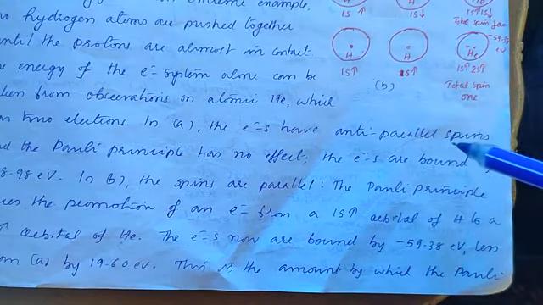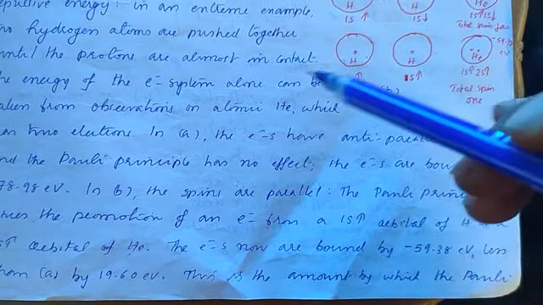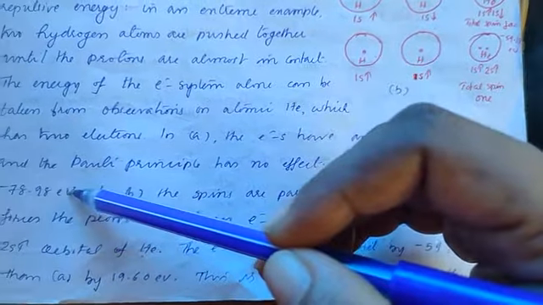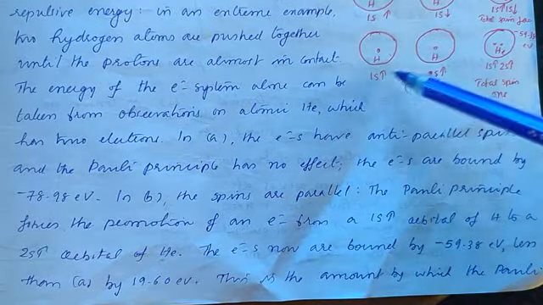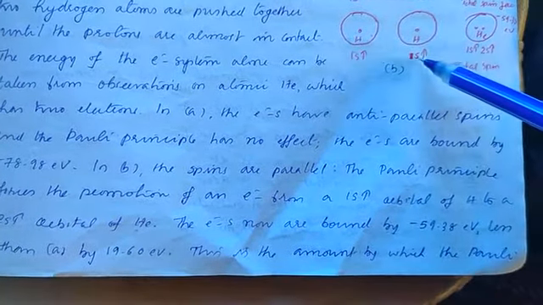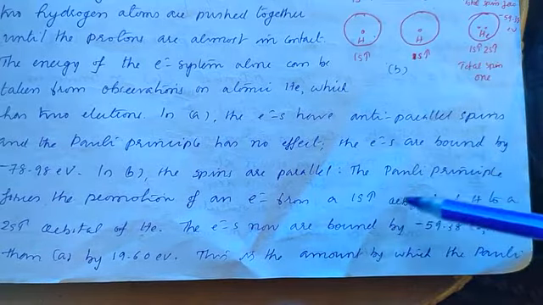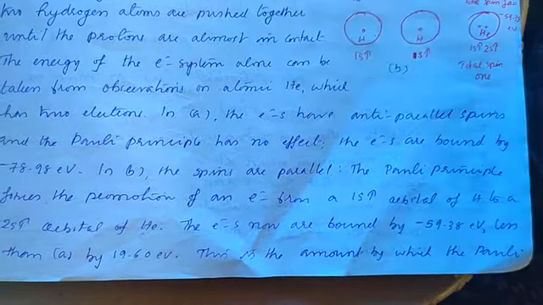So the electrons are bound when they are pushed together, and they will have an energy of minus 78.98 electron volt. But in figure B, these two electrons are parallel, one parallel and one parallel for both atoms. So here the Pauli's exclusion principle has to be taken into consideration.